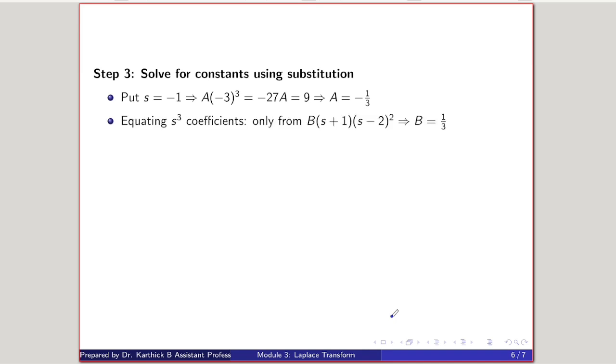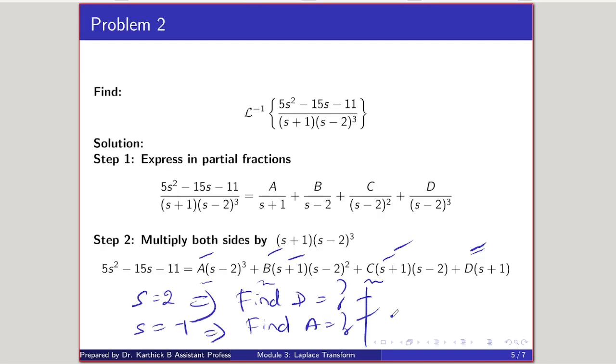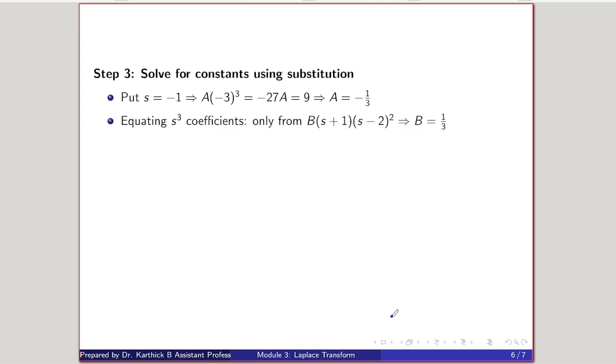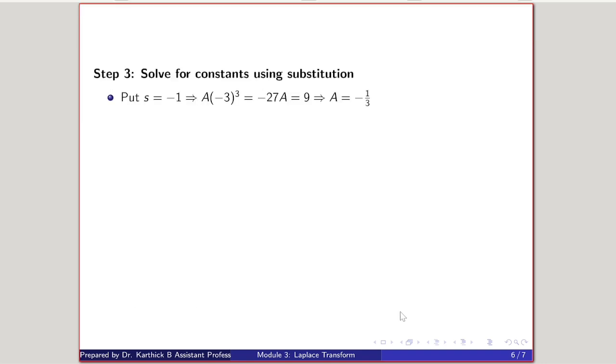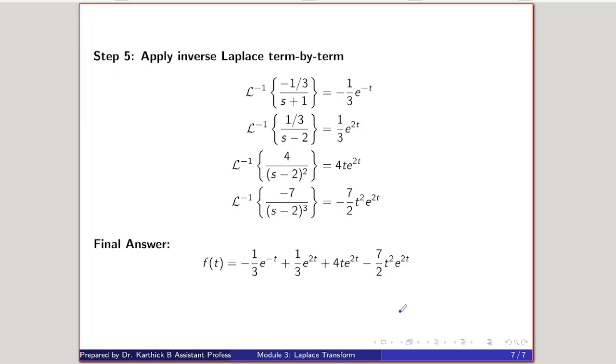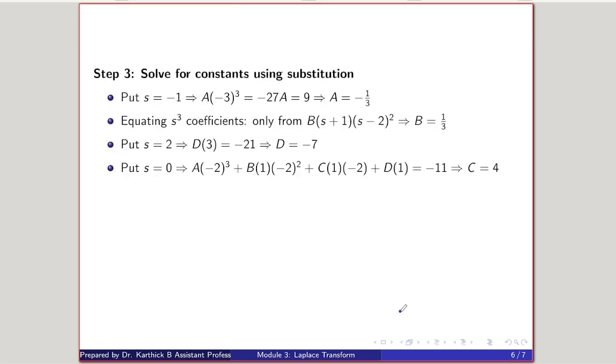Then, to find the value of B, I am giving another clue: equate the s cube coefficients. Here we will get s cube, here also s cube, and here we won't get any s cube. So simply A s cube and B s cube will be there.